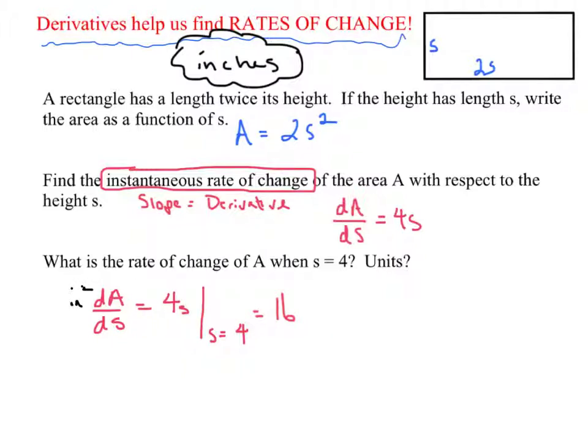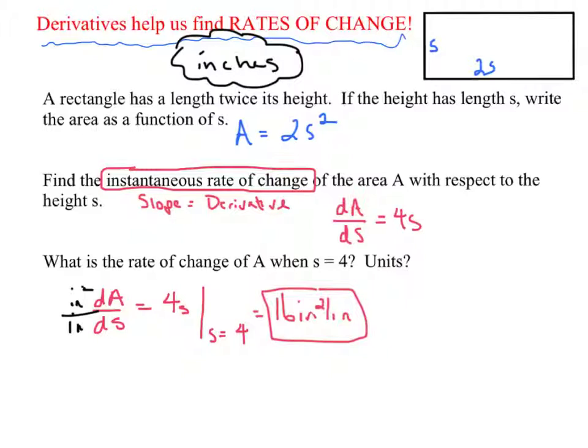The unit for the side length on the bottom is inches. So the units we get from the Leibniz notation is just inches squared per inch. And the temptation always is to say, couldn't we just make that inches, because inches squared divided by inch is inches? I wouldn't. This represents a rate of change. We're saying the area is changing 16 square inches for every inch the side length changes.